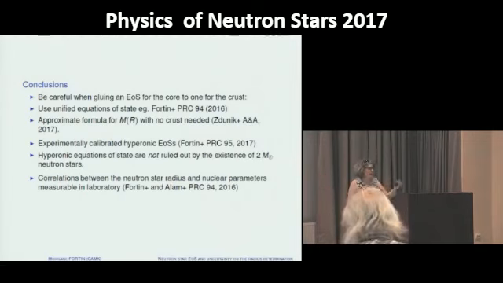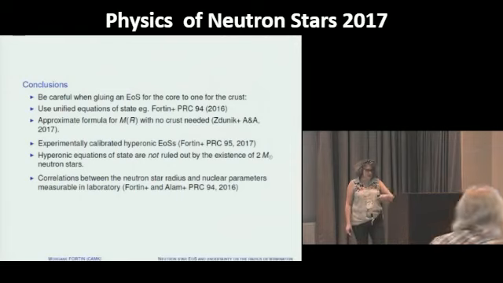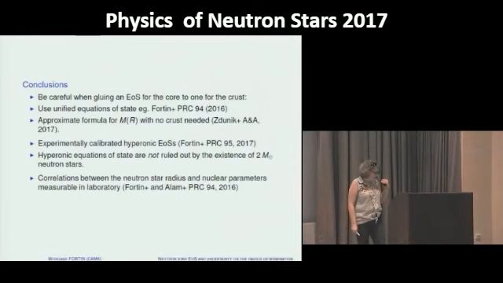And if an equation of state for the crust is not available for your favorite equation of state, you can use the approximate formula that I mentioned. And it is possible at the moment to have two solar mass neutron stars with hyperons because of uncertainty in the hyperonic sector and in the nucleonic sector. Thank you.